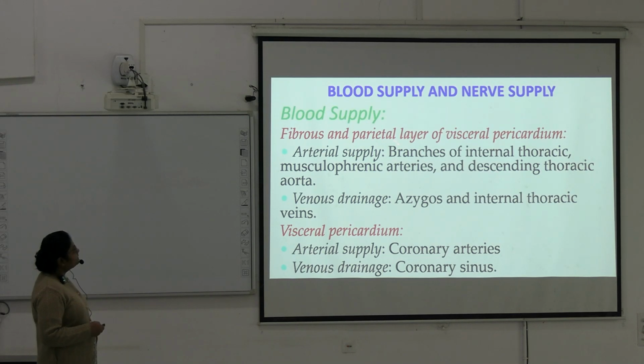Here also for the arteries, descending thoracic aorta is lying posteriorly, and the internal thoracic and musculophrenic arteries are lying in the anterior chest wall. And the visceral pericardium, its arterial supply is by coronary arteries, right and left coronary arteries, and venous drainage is by coronary sinus.